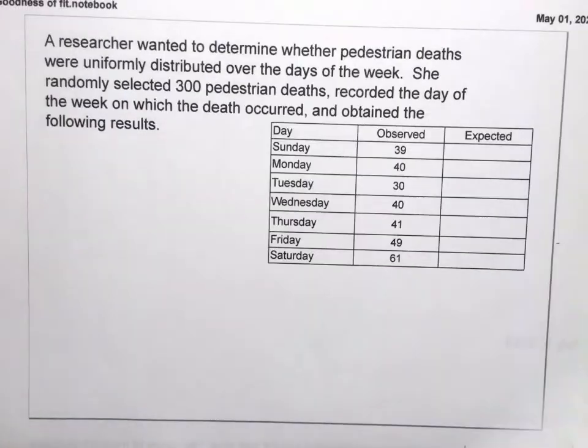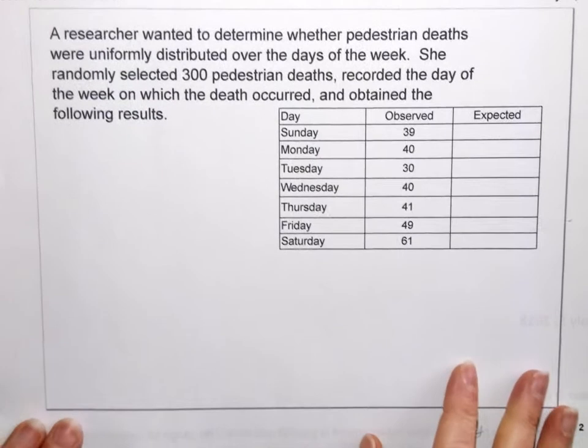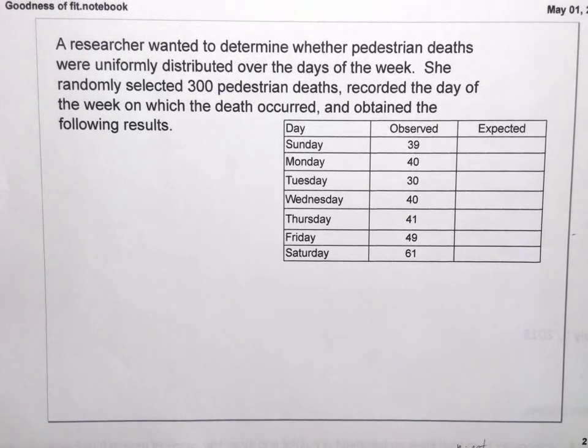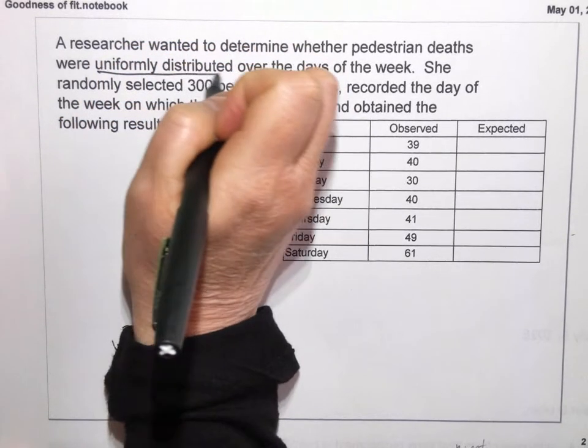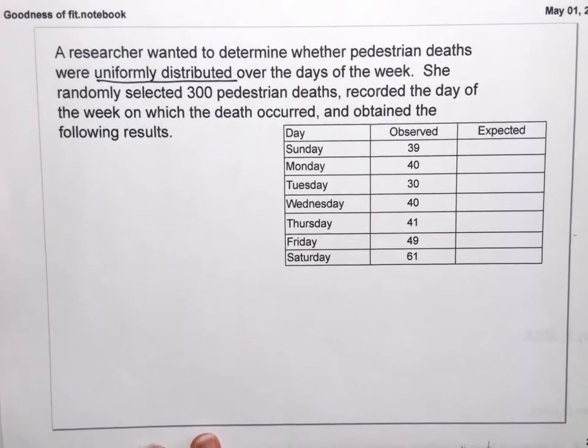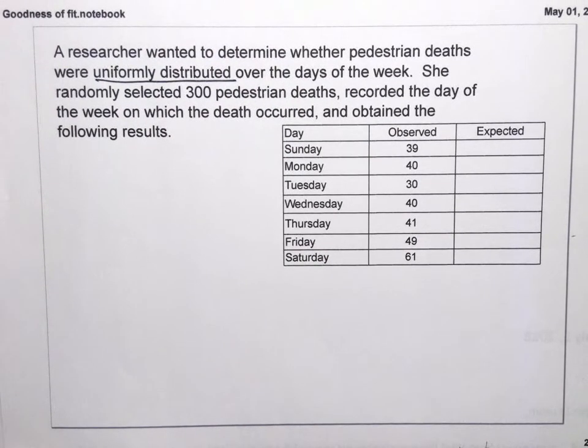Let's try that again. This scenario is a little bit different. They don't give us the expected, so we have to figure it out, and the clue to this is in the problem. The researcher wanted to determine whether pedestrian deaths were uniformly distributed over the days of the week. He randomly selects 300 pedestrian deaths, recorded the day of the week in which the deaths occurred, and obtained the following results.